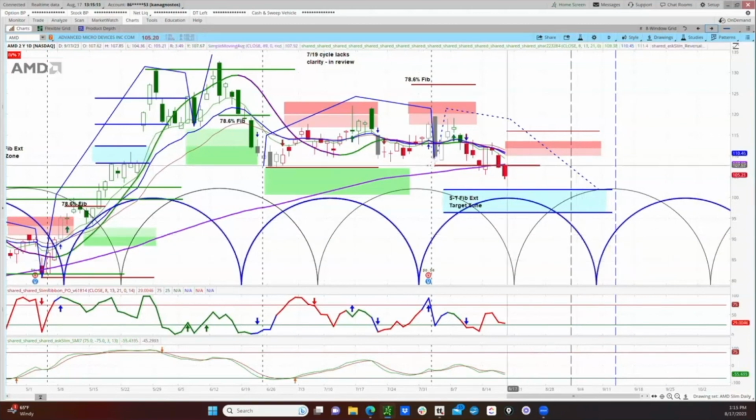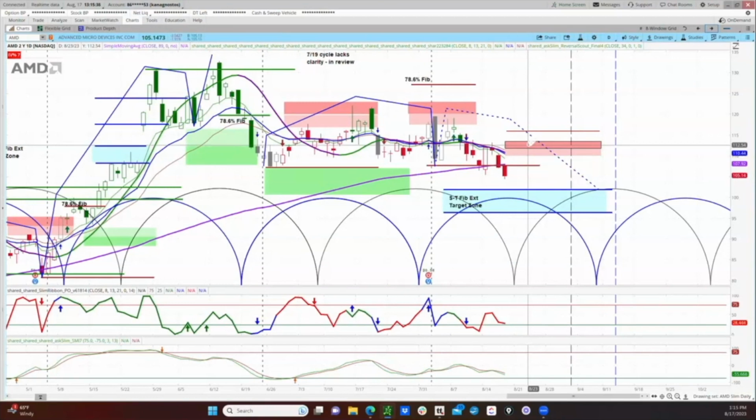So over here we have a negatively configured cycle now, having broken below that cycle low support. Momentum in here is negative, with both the reversal scout being purple and the slim ribbon coloring the candles red. So we have a resistance zone here, these pink and salmon colored boxes. Those are declining as AMD goes lower.